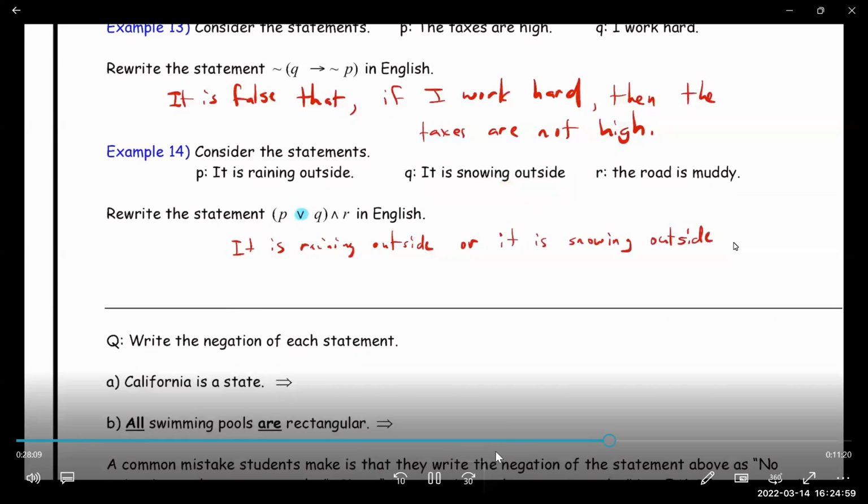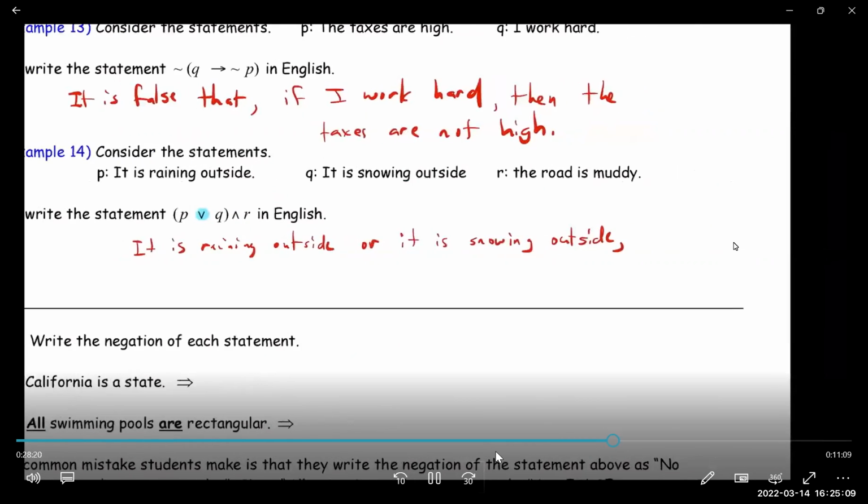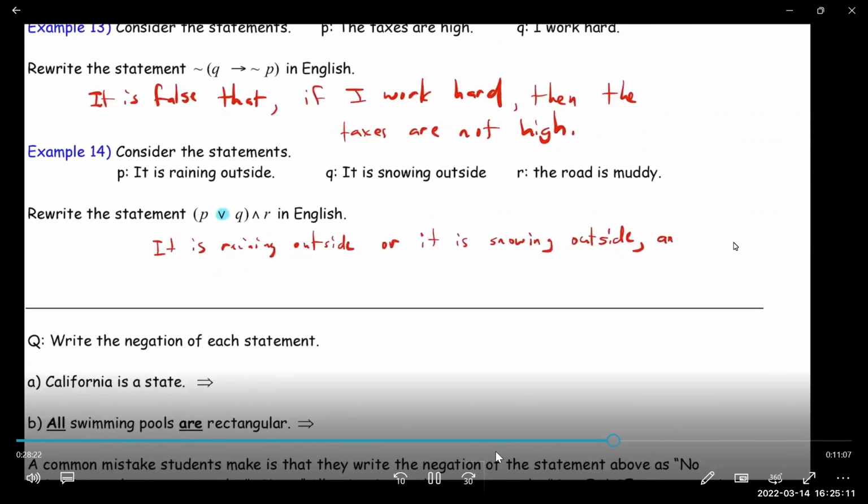And then what should I do about the parentheses? What does that mean to do? There's going to be a comma behind outside, because those two are grouped together. And then you put and. Oh, no, it's R, right?